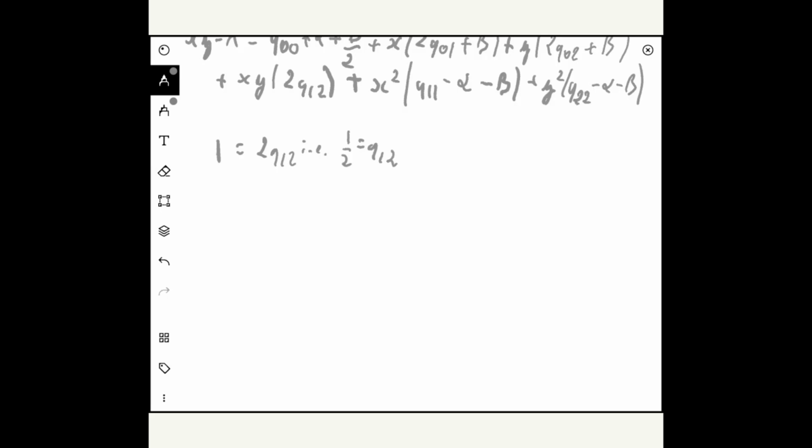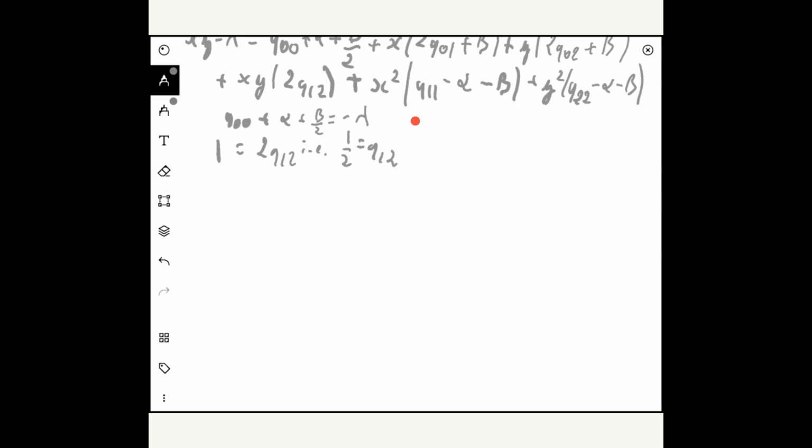And after, for the other ones, in order, we just have q00 plus alpha plus beta over 2 equal to minus lambda.